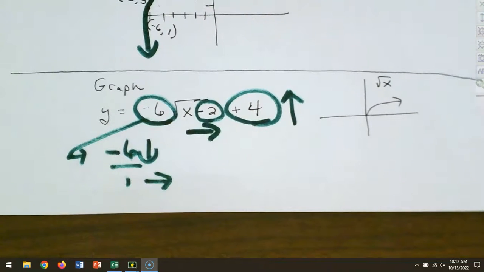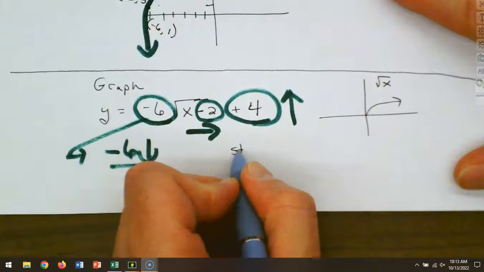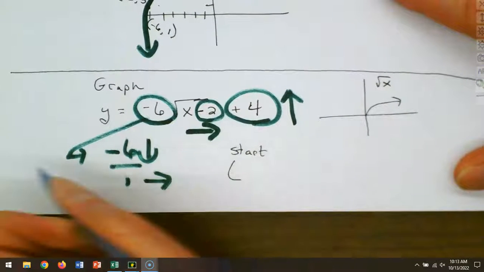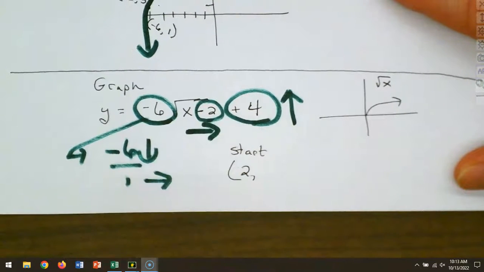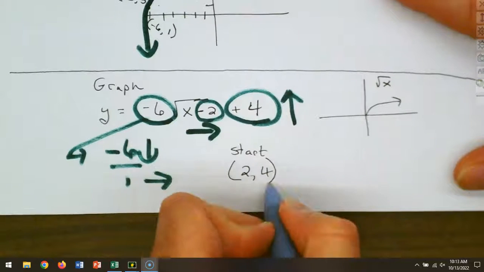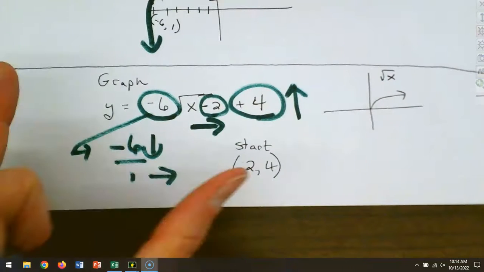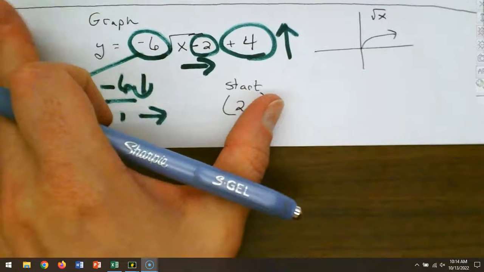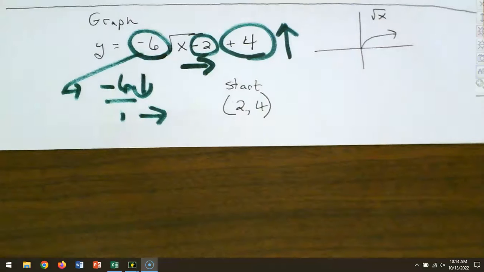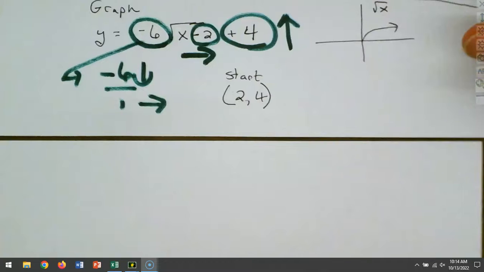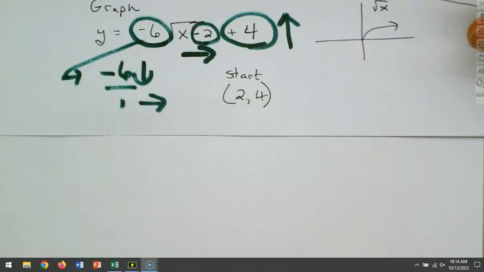So down 6 and over 1. Where are we going to start at? Okay, change your sign, so that makes it a positive 2, comma, 4. So we're going to start at 2, 4. Okay, so that's where we're going to start at.